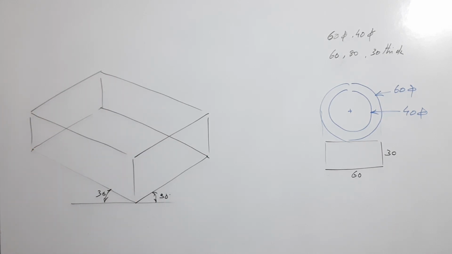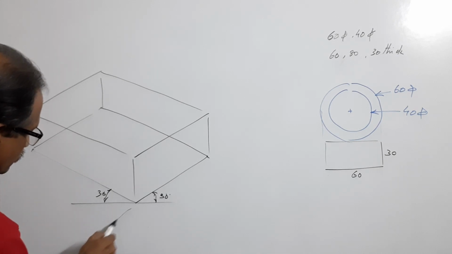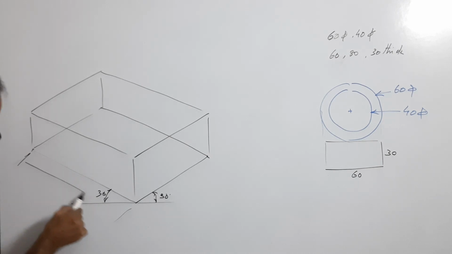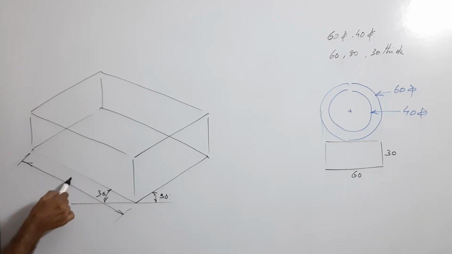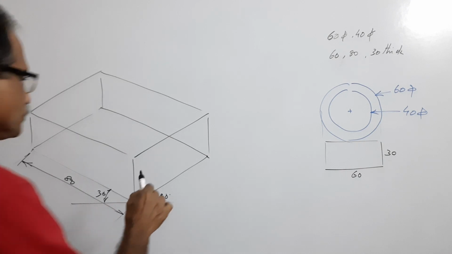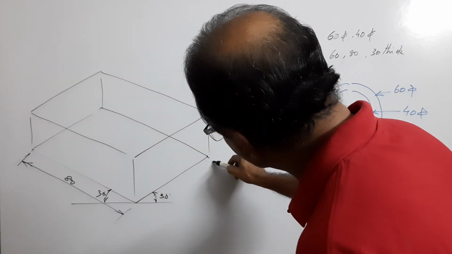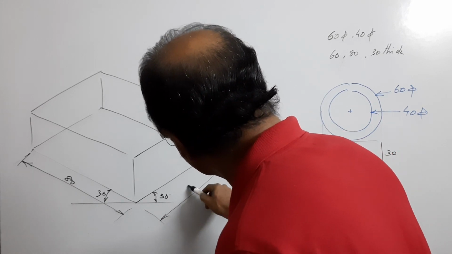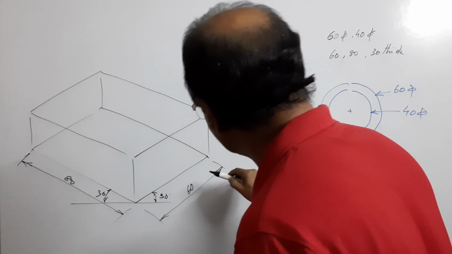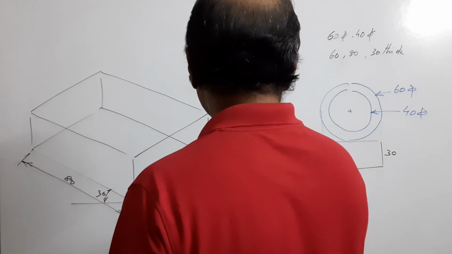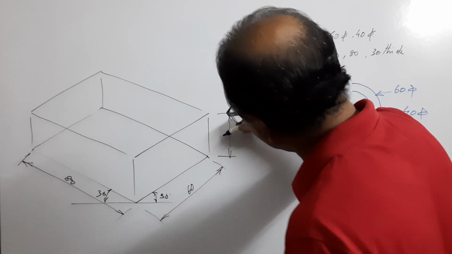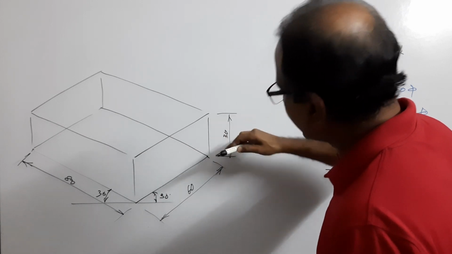You have got the slab. 80, 60, and then height is 30.